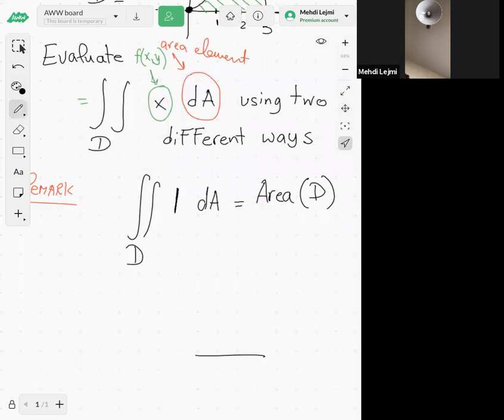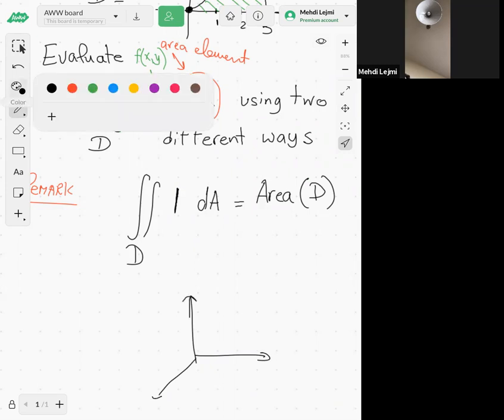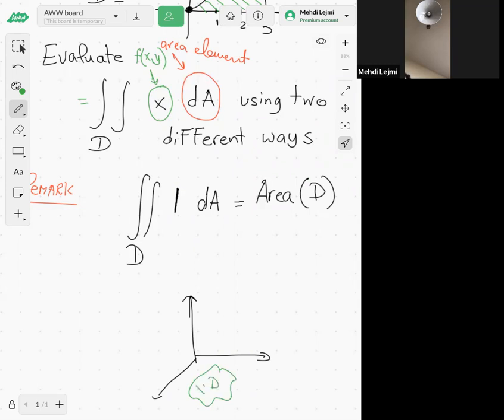So let me just show you here. In this case, you have this region D. Here's my D. And you have this function f of x,y, which is not the function one. You have this graph of this function f here. This red graph is supposed to be the image of your region D by the function f.